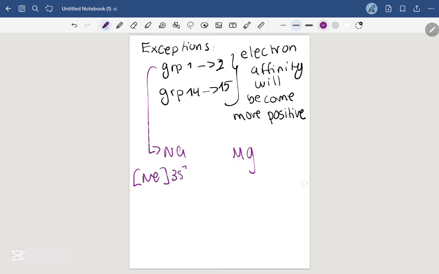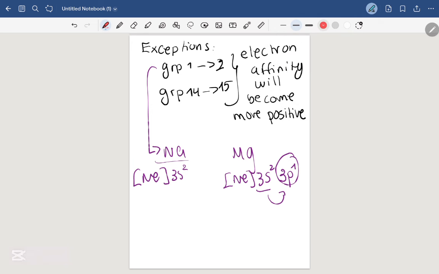If we added an electron for sodium, it's going to be 3s2 because we're adding an electron here. Whereas for magnesium, it's going to be 3p1 because we already filled this. We need to fill a new one. Because we're adding a new subshell, the electron affinity will become more positive, because the atomic radius will then increase.